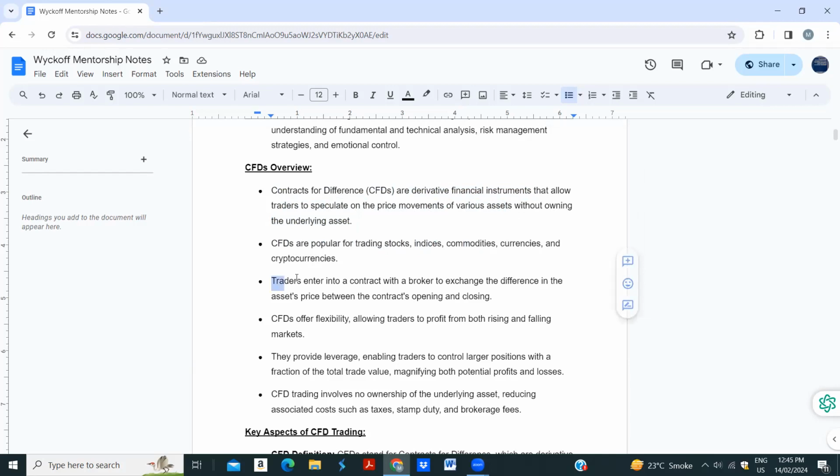Traders enter into a contract with a broker to exchange the difference in the asset price between the contract's opening and closing price. So when you're trading a CFD, you actually enter a contract with your trading broker, and you are exchanging the difference between the asset's opening and closing price.